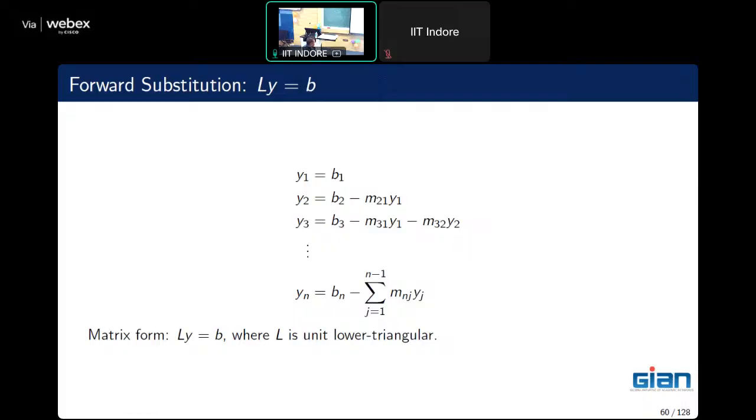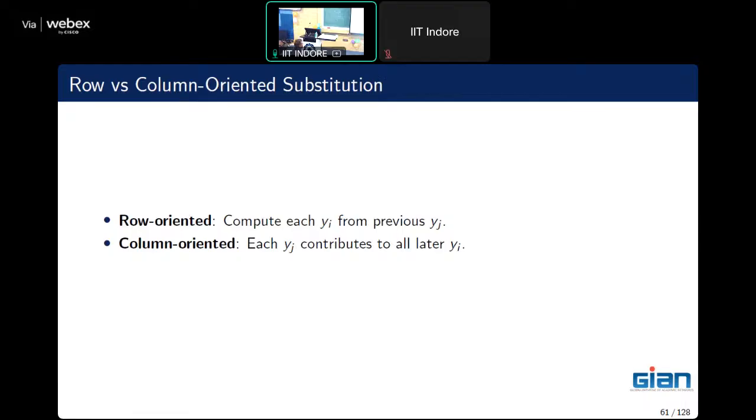And that would take the shape like this: y1 equal to b1, and you will get the matrix L like this, with 1 on the diagonal, m21, m31 below, and so on. These are the multipliers you will be getting when you use Gaussian elimination. So basically, you will get the L and U. L is a lower triangular matrix.